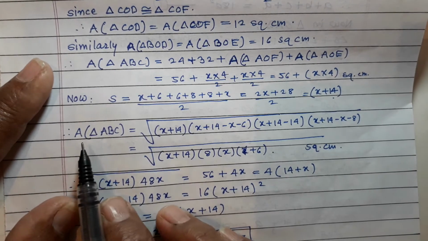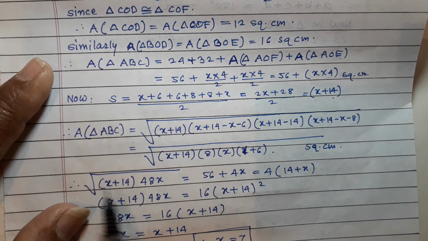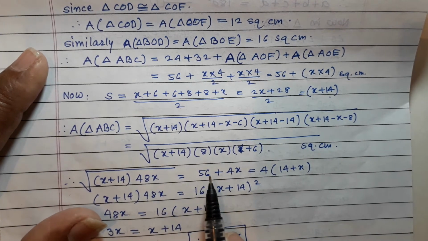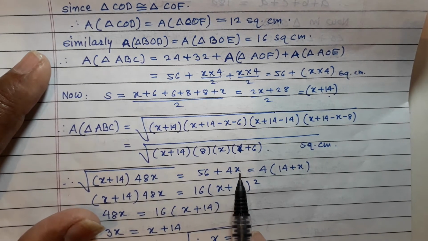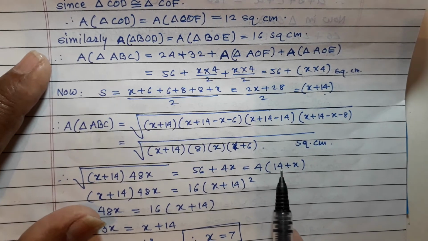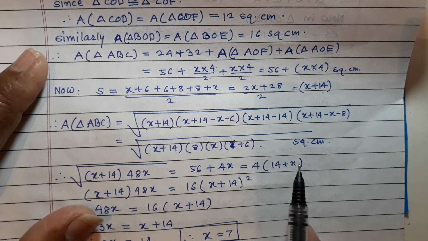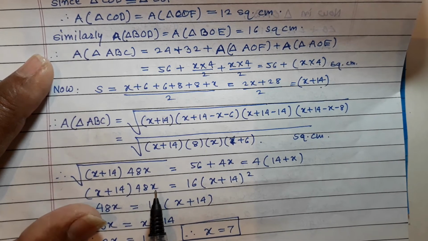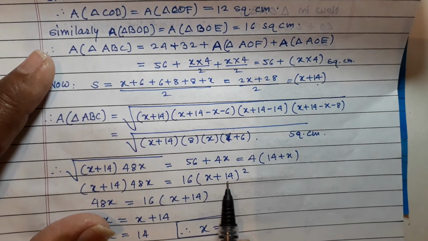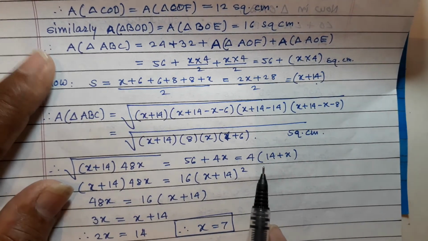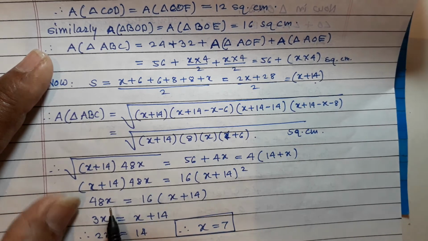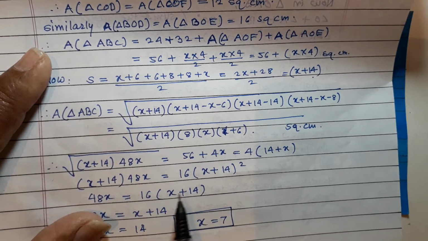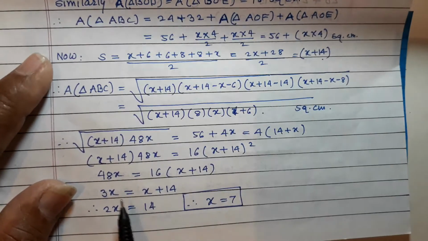The area of triangle ABC is then under root x plus 14 into 48x, which equals 56 plus 4x, which is 4 into bracket 14 plus x. Therefore x plus 14 into 48x is equal to 16 into x plus 14 square. So simplify this: 48x, this x plus 14 cancels with one of the x plus 14 in 16 into x plus 14 square. Simplify this.